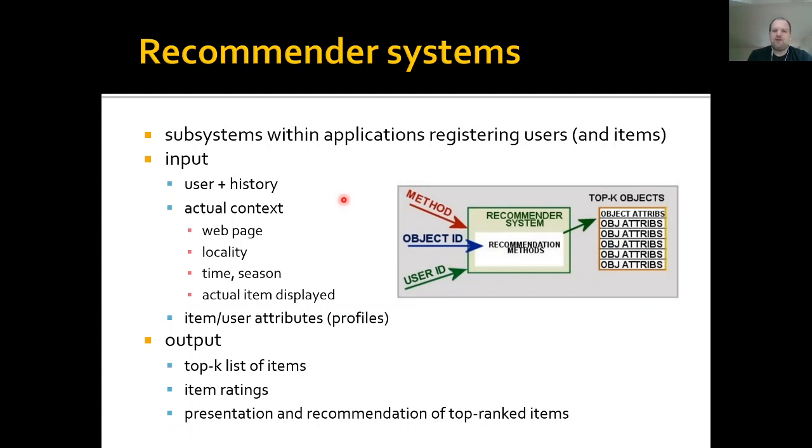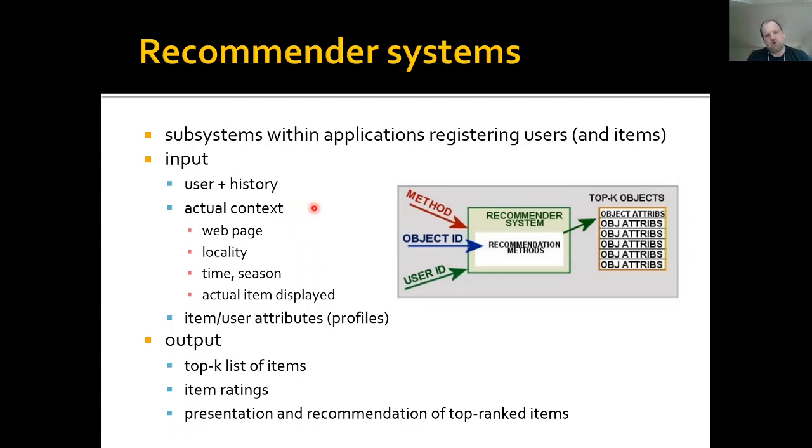So the input is the subject of recommending. So some information about users and user interactions with so-called items. Item is a general term for recommending stuff. So item is anything. It's just some object. It could be a product. It could be a movie. It could be whatever matter of concern. And we have profiles for both the items and the users, and of course the interaction.